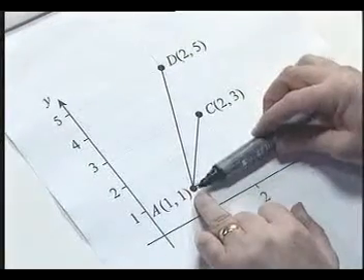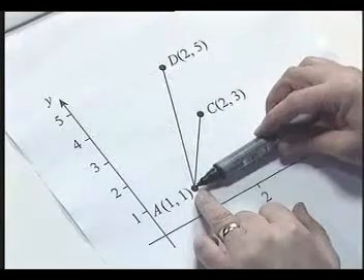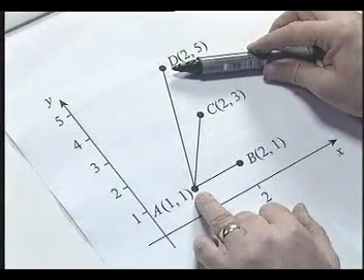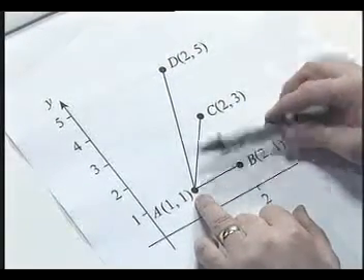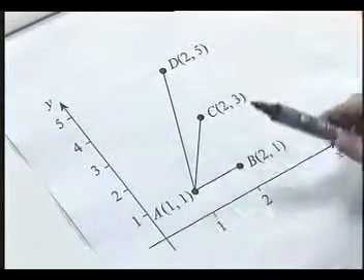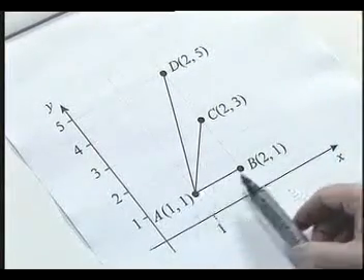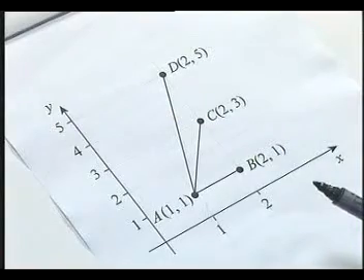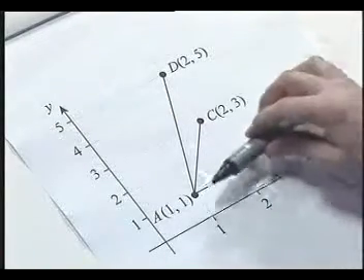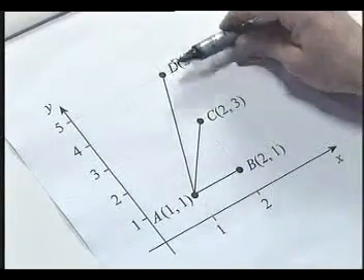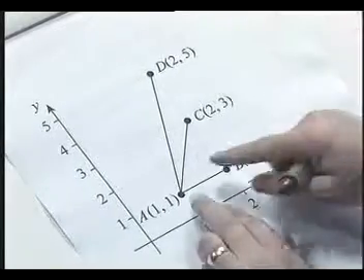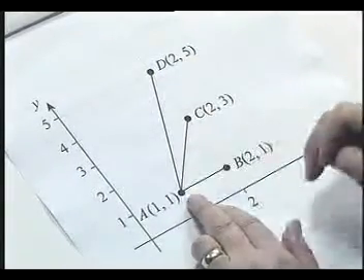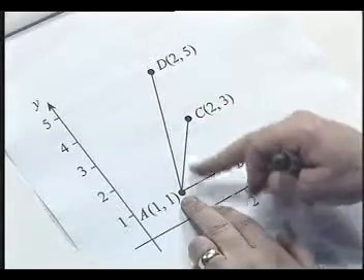The first one is the line segment from A to D. Now, as we move from A to D, the x-coordinate increases from 1 to 2, and the y-coordinate increases from 1 to 5. Now, the line segment AD is steeper than the line segment AC.